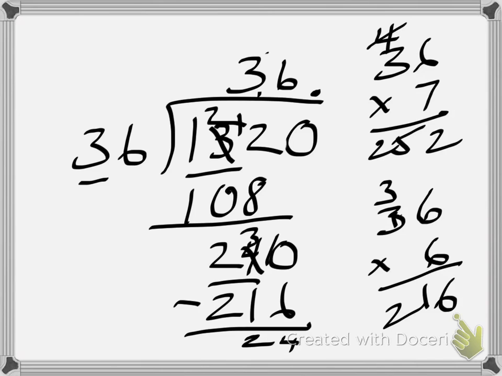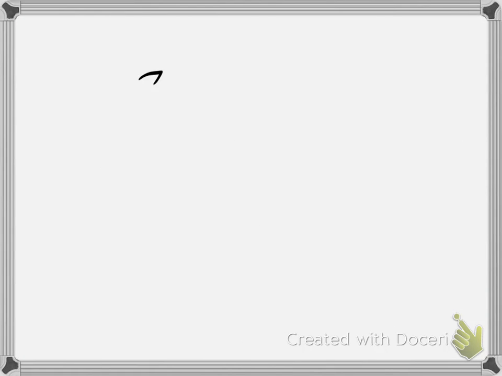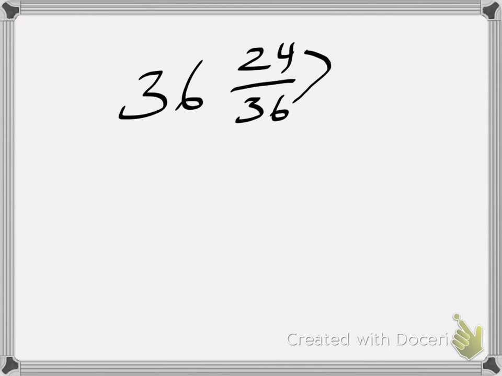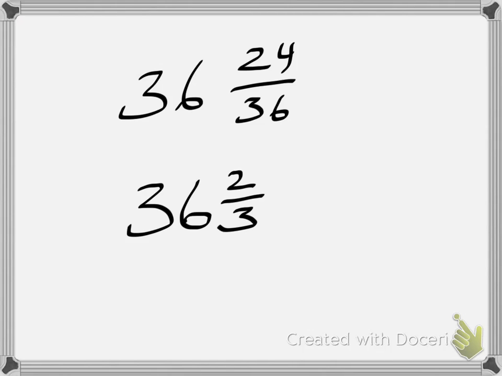We're going to have our decimal point here, and we're going to have 24 over 36. And we can see if we keep going at this, it's going to remain the same. So we can either have 6 with a line over it, or we can put 24 over 36, make it a fraction, and 24 over 36, we can divide both of these by 12, and we get 36 and 2/3.